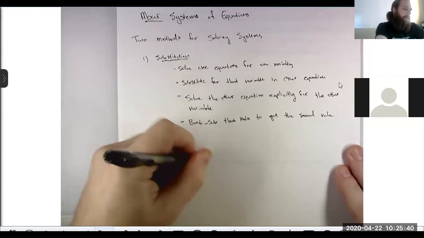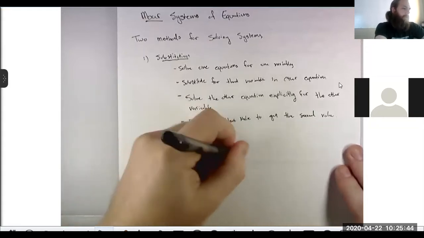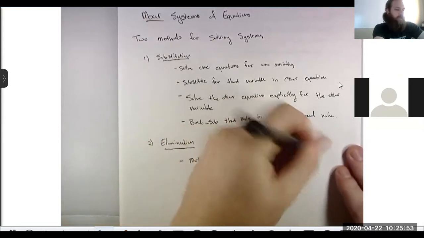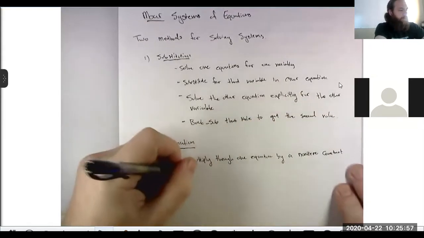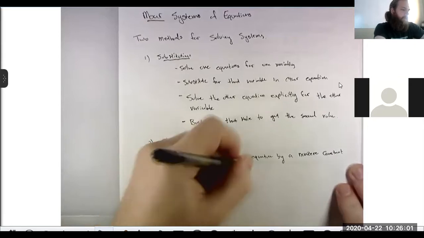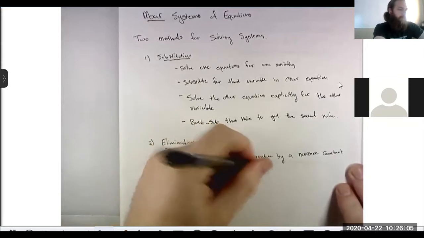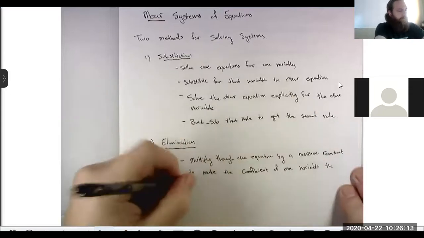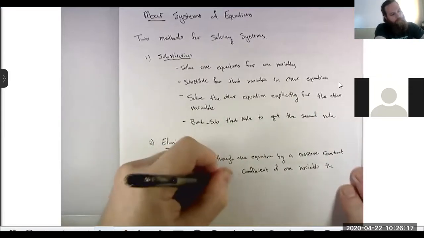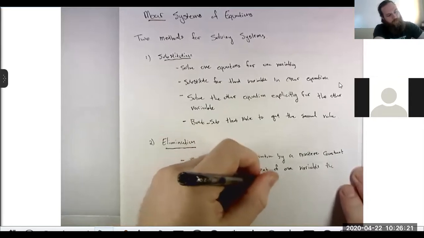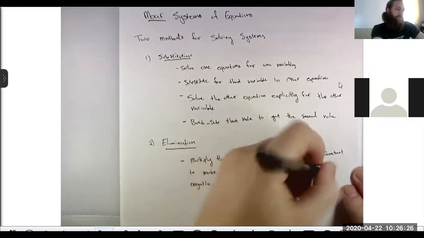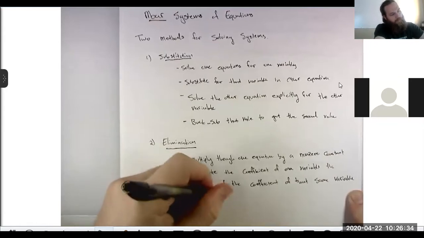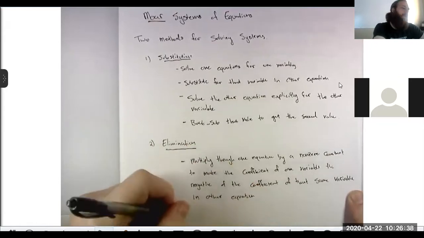And to do this, you multiply through one equation by a non-zero constant to make the coefficient of one of the variables the negative of the coefficient of that same variable in the other equation. Then you add the two equations together.